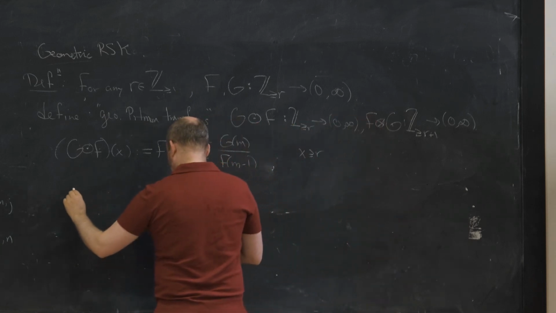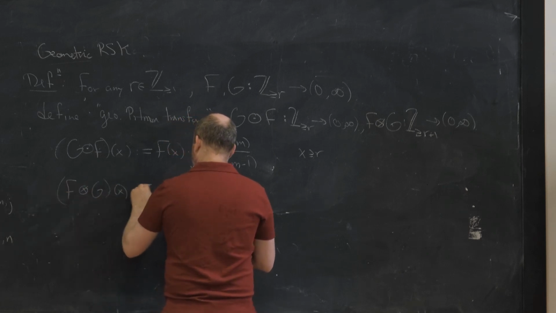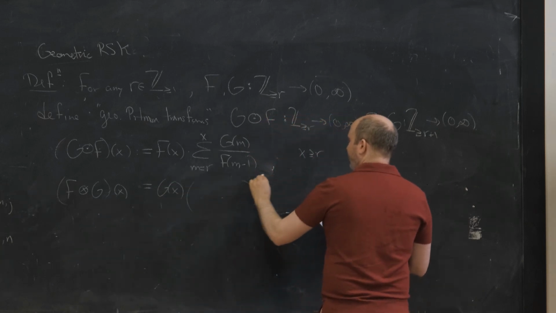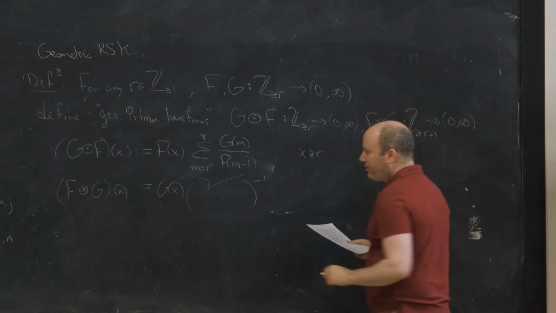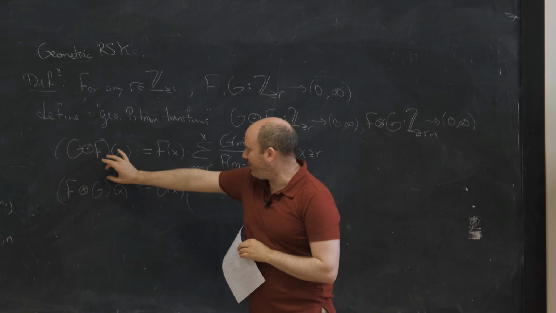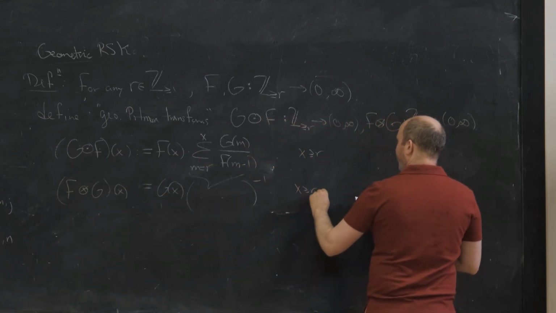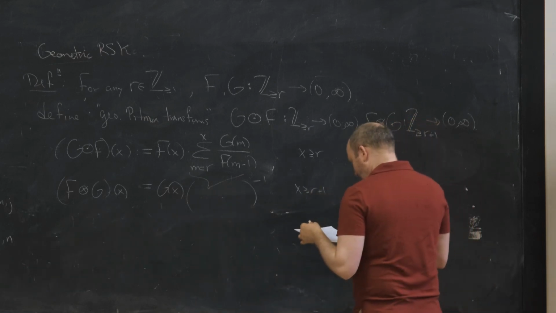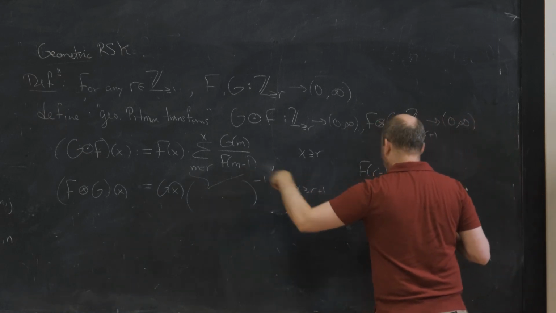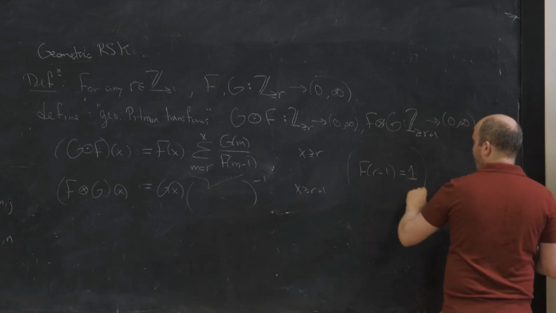And the other one, which I'll denote f cross g, is defined quite similarly, except I put the g of x thing, and what I put here is just the inverse of what was above it. So obviously there's some property that if you multiply these two things, you get f times g. And this is for x bigger than or equal to r plus 1, with the convention that f of r minus 1, because that shows up in the denominator, is chosen to be equal to 1.